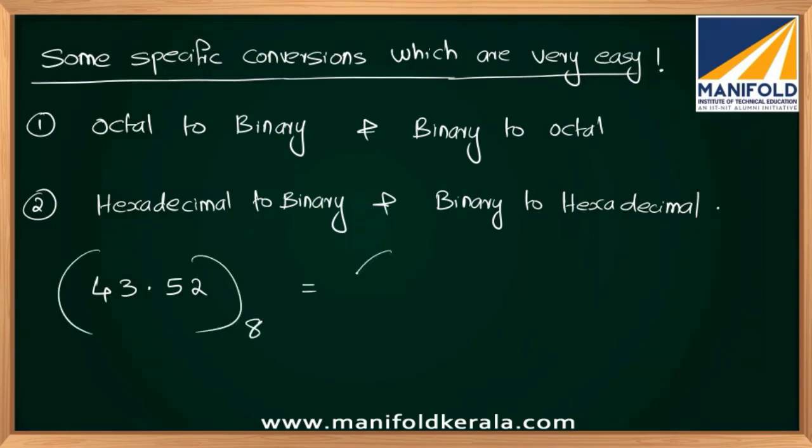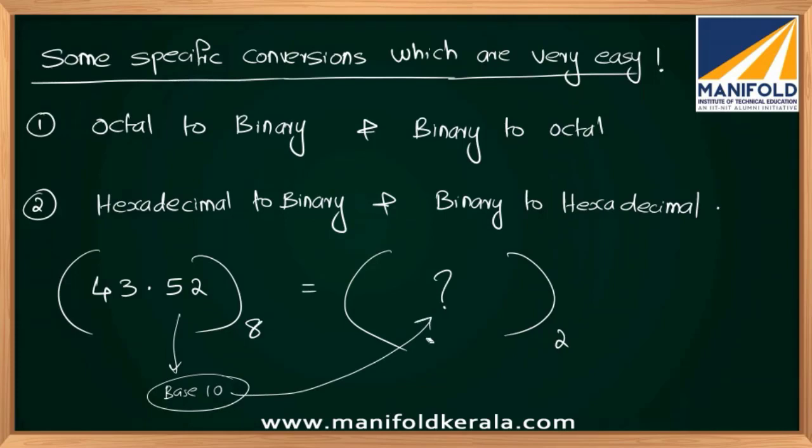I want to convert this one into binary. What is one way of doing it? One way of doing is that, see, since it is in 8 and this is in 2, one way of doing it is that you can actually convert it into base 10. Then because base 10 is familiar to you, from base 10 you know how to convert it into binary, but that will be a very tedious process. That will be unwanted time wasting, right?